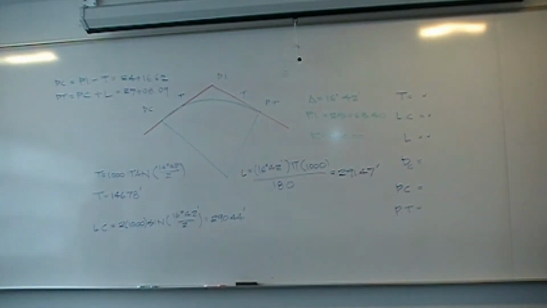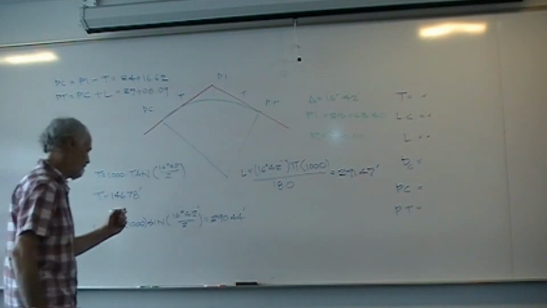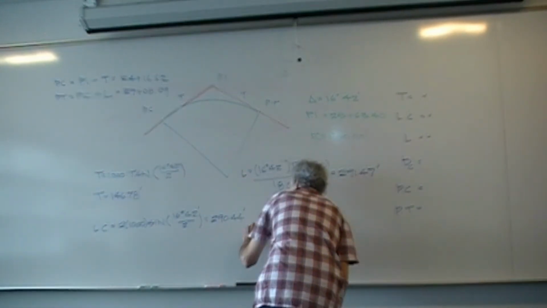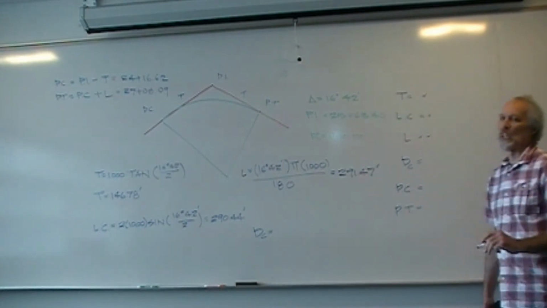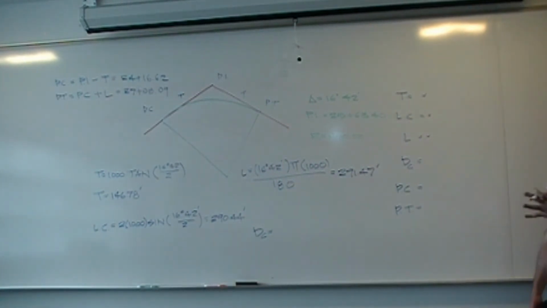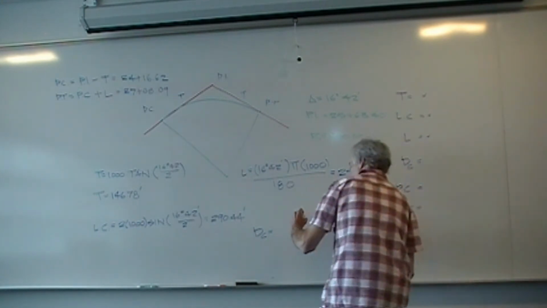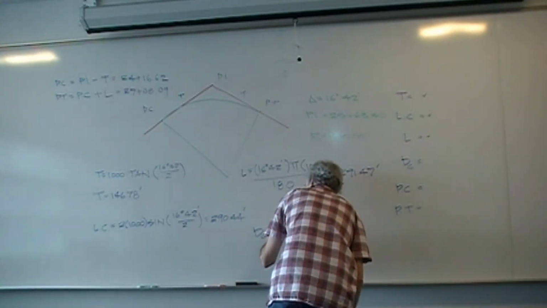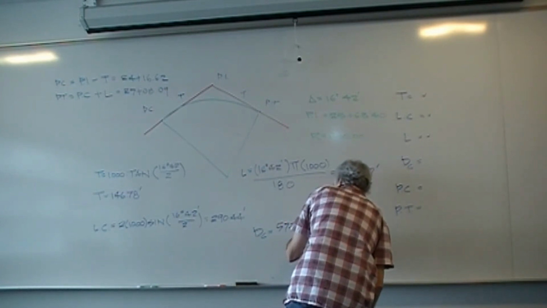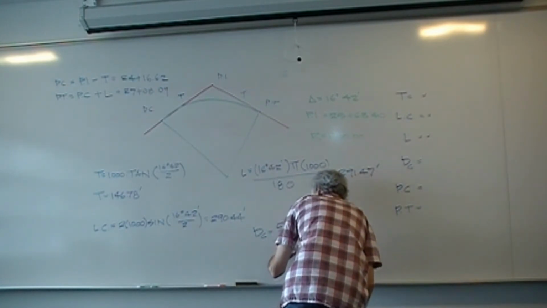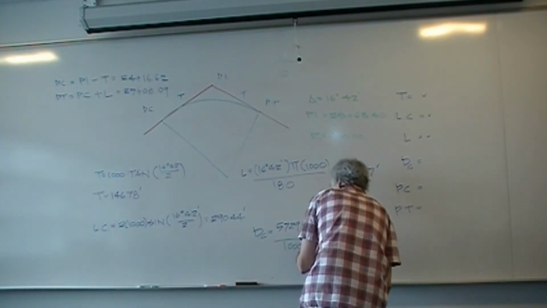So the only other thing we need to now calculate is degree of curve. Degree of curve for a highway, which we're going to assume. You can't assume that though. I'm sure that would be totally spec'd out to you if you were doing this on a test. But we're going to use the 5729.578 relationship divided by the radius.